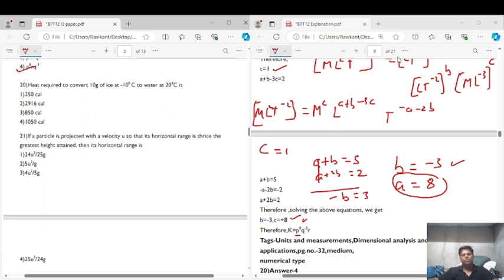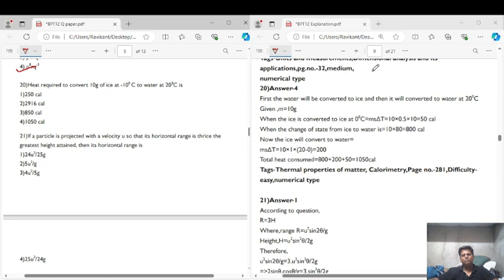Now, the heat required to convert 10 gram of ice at minus 10 degree centigrade to water at 20 degree centigrade is, alright, moving from minus 10 degree centigrade to 0 degree centigrade. What is happening is the ice is moving from minus 10 degree centigrade to 20 degree centigrade water.